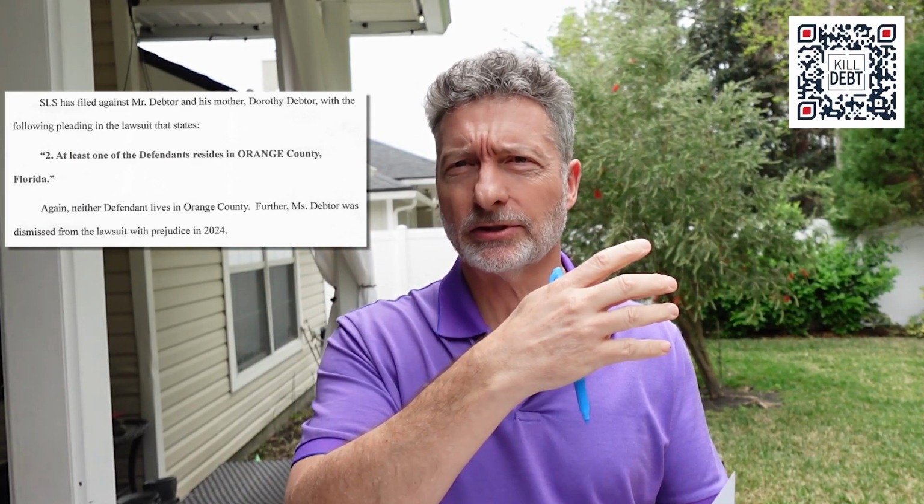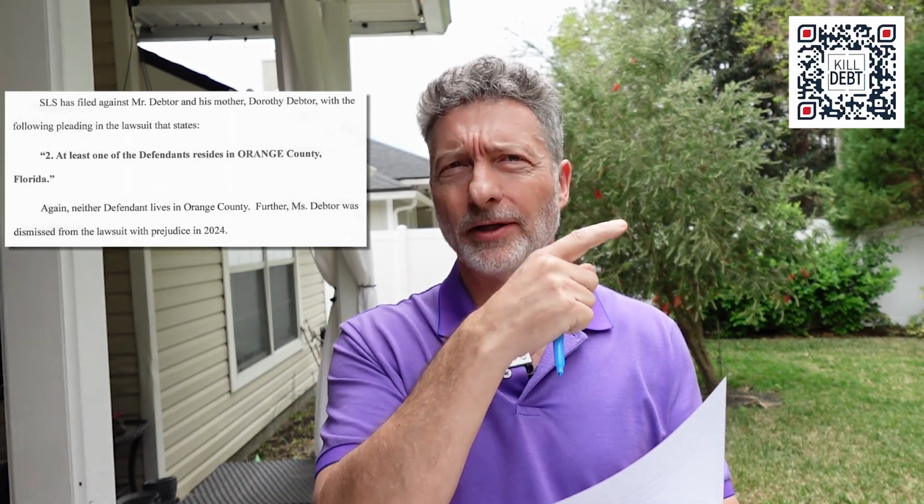Now, oftentimes when you reissue a summons on the same suit, you generally leave the parties up there that were part of the case. Although, now I think about it, no, that's not true. If they're not being sued, they shouldn't be on there. The mother had been dismissed with prejudice.